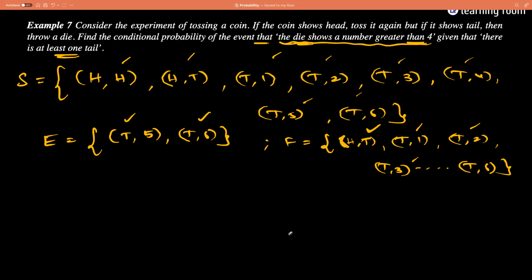Probability of E and F. Is greater than 4, even if the number has at least one tail. So 1, 2, 3, 4, 5, 6, 7, 8.